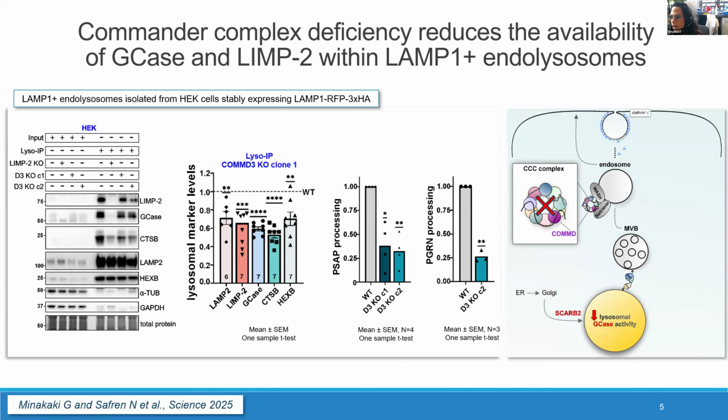Moreover, some proteins were higher, and this included prosaposin and progranulin. We found, interestingly, that not just their processing was deficient, mostly their very robust phenotype is that the full-length precursors seem to accumulate within these endolysosomes by 3 to 4-fold.